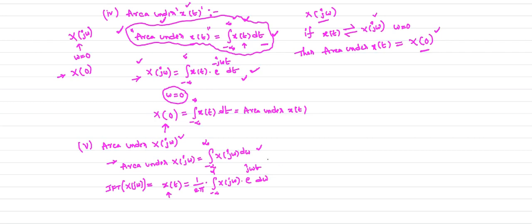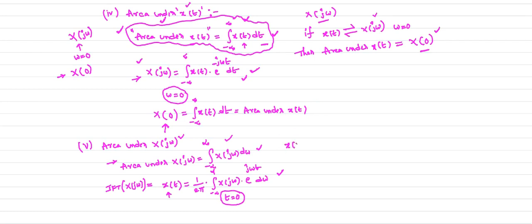I want to calculate the area under X of j omega. So this is the formula to calculate the area under X of j omega. Now how can we get this expression using this equation? You just put t equal to 0 on both sides of the above equation.